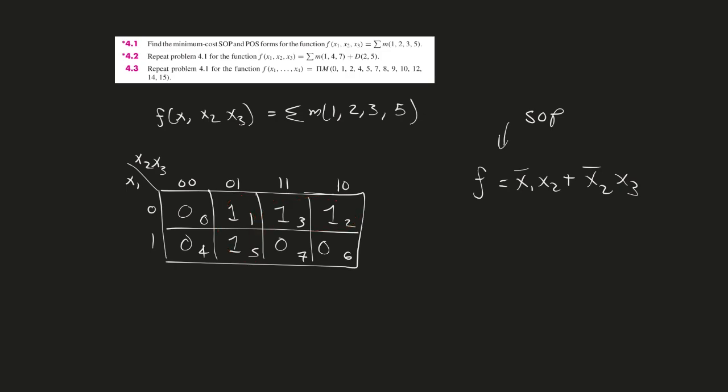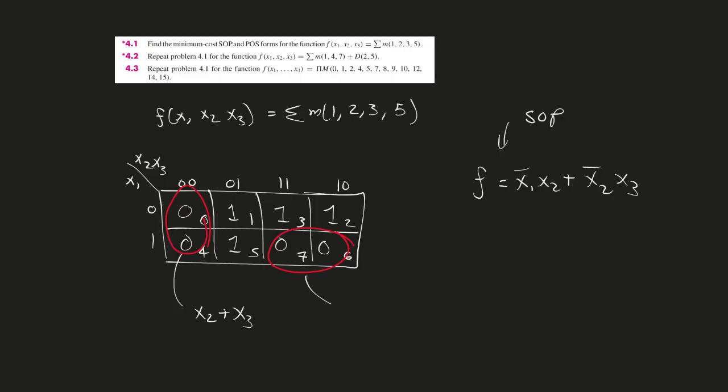Now we have to find the one for product of sums. So this is what we do. Instead of circling the ones, we circle the zeros. So this one is actually different. If it's represented by a 0, we actually don't knot it. But if it's represented by a 1, we knot it. So x1 changes, we don't include it, but x2 and x3 don't change. But for product of sums, we have to add them.